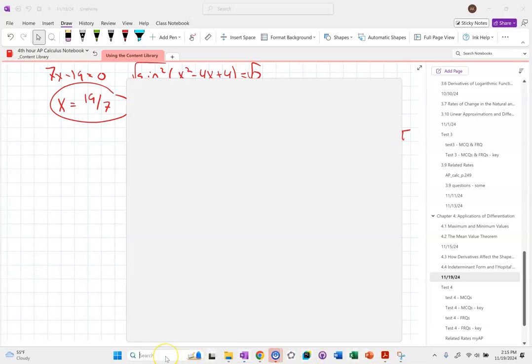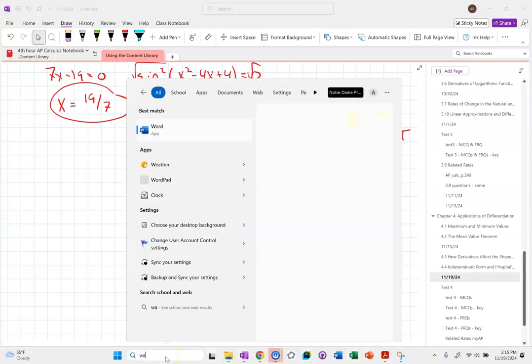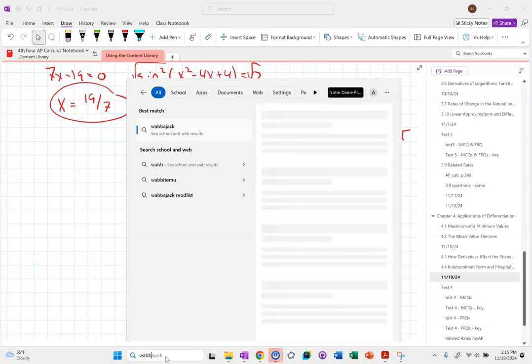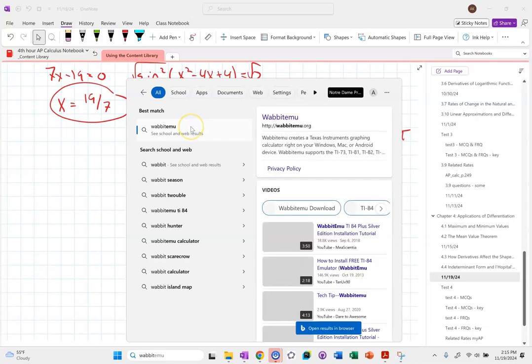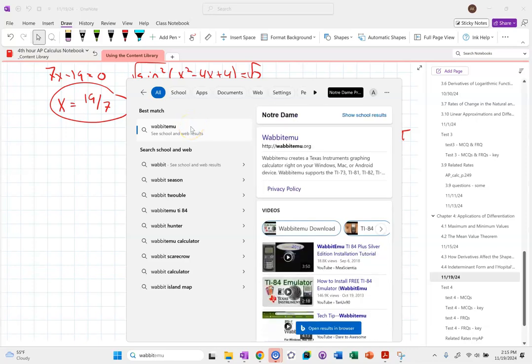What happened to my calculator? What happened to my emulator? I don't want to search the web. I want to search on my computer.